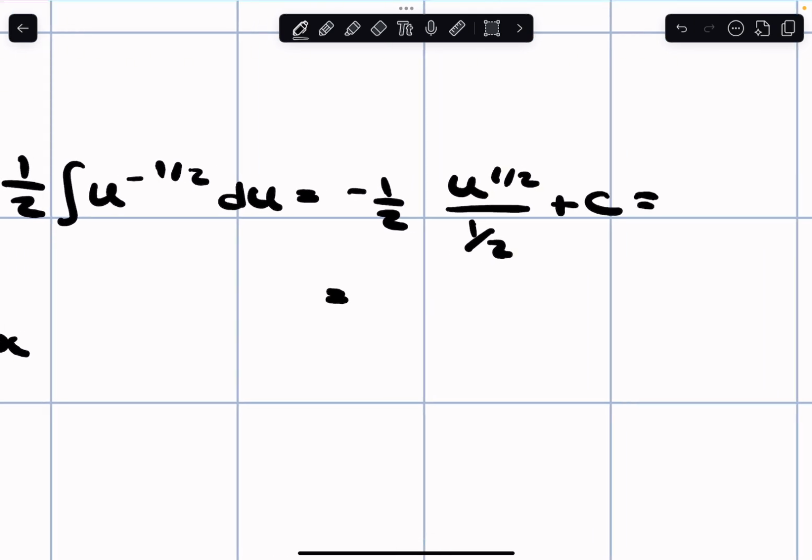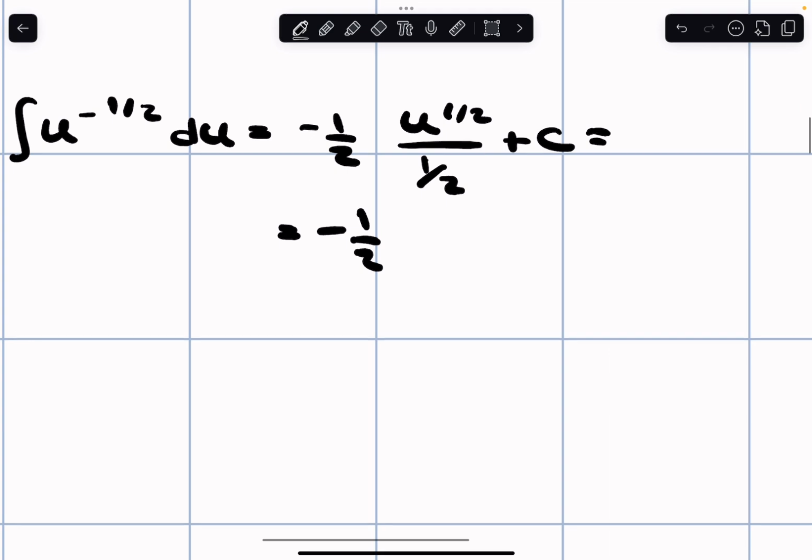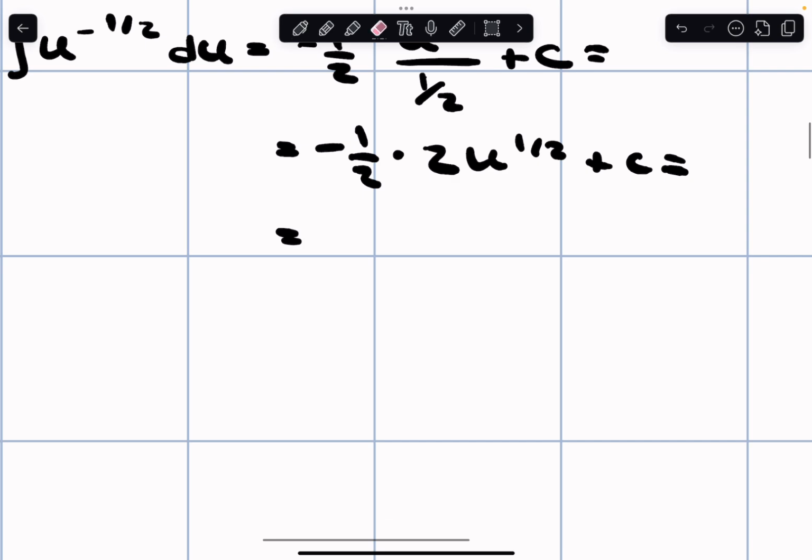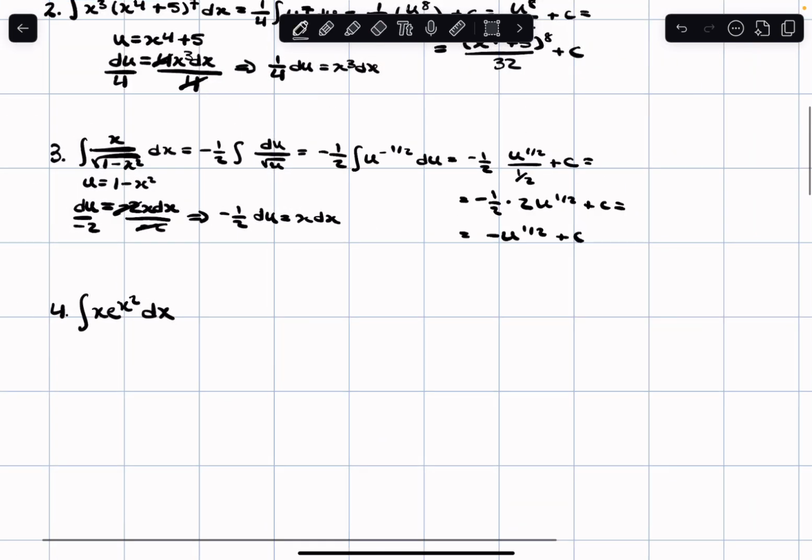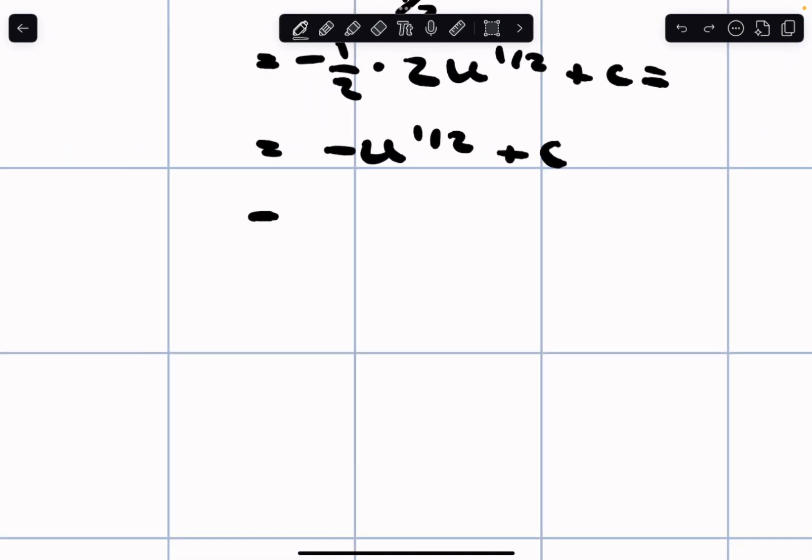This is going to equal negative a half times 2u to the half plus c, which is going to equal negative u to the half plus c. And we said u is 1 minus x squared, which means that it's going to be negative square root of 1 minus x squared plus c.